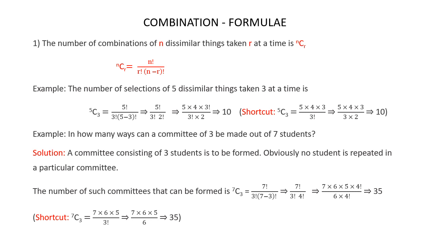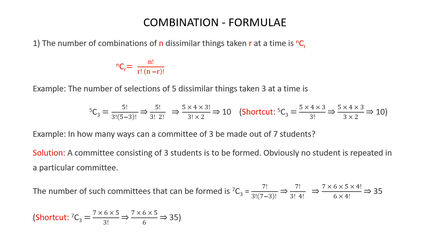Now the value of 5C3 can be found out using the shortcut method. Here, starting with 5 in the descending order, there has to be a multiplication of 3 numbers. So 5 multiplied by 4 multiplied by 3. This will be in the numerator. Now since there is the number 3 as the subscript here, it will be 3 factorial in the denominator here.